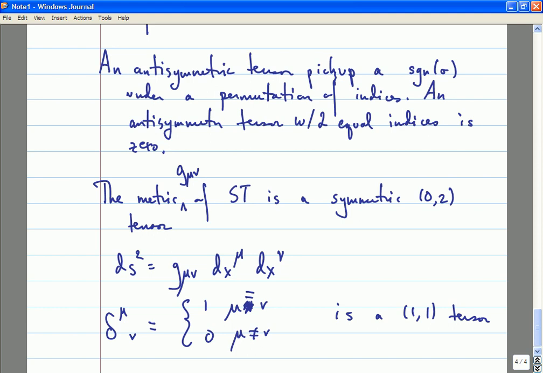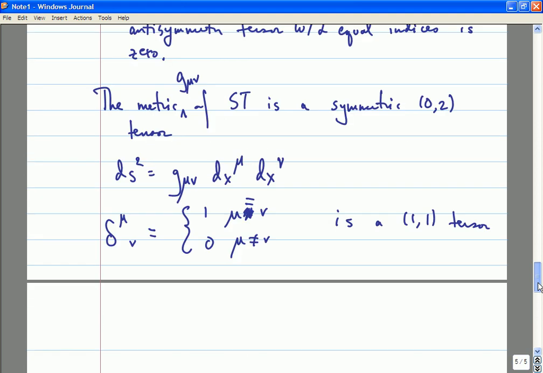But for the Kronecker delta symbol there's no ambiguity, so I could write mu just above nu if I wanted to. Usually we try to be careful, since for tensors the ordering and placement of the indices matter. For the Kronecker delta symbol, there's really not much ambiguity, so we will often be a little lazy and write the mu above the nu.